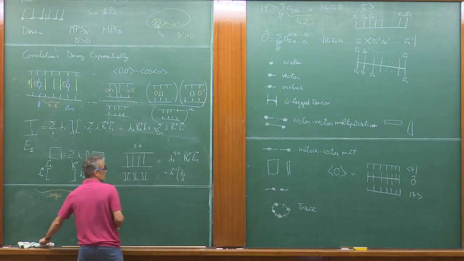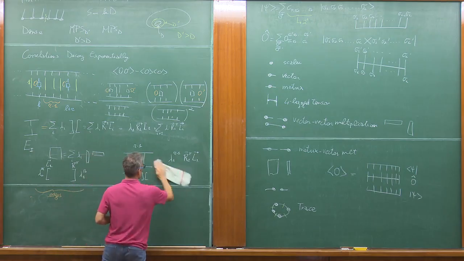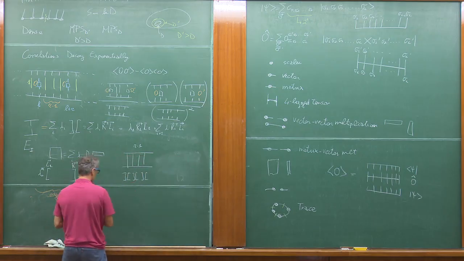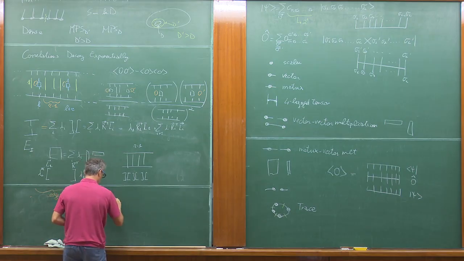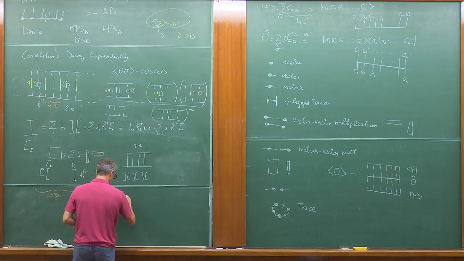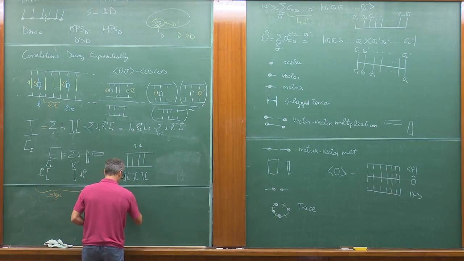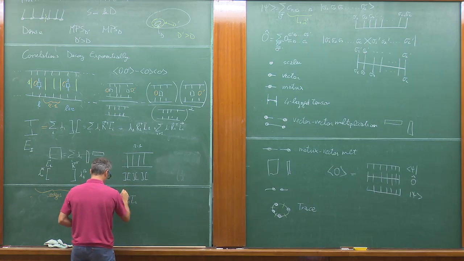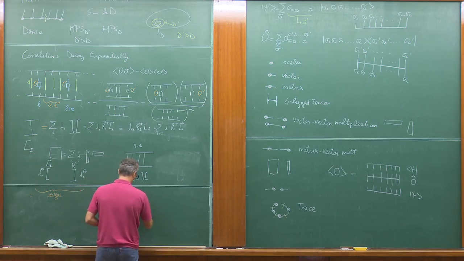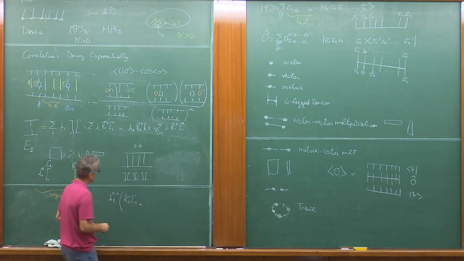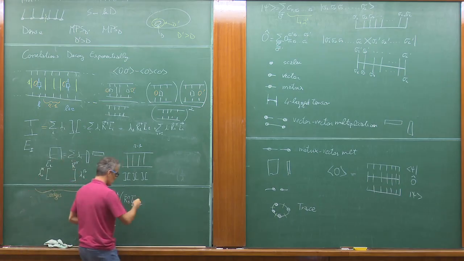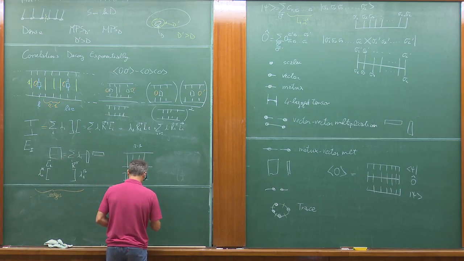Let me write it below because I need more space. Maybe there are also some degeneracies, so let's use lambda j omega, and I can take maybe the largest one.